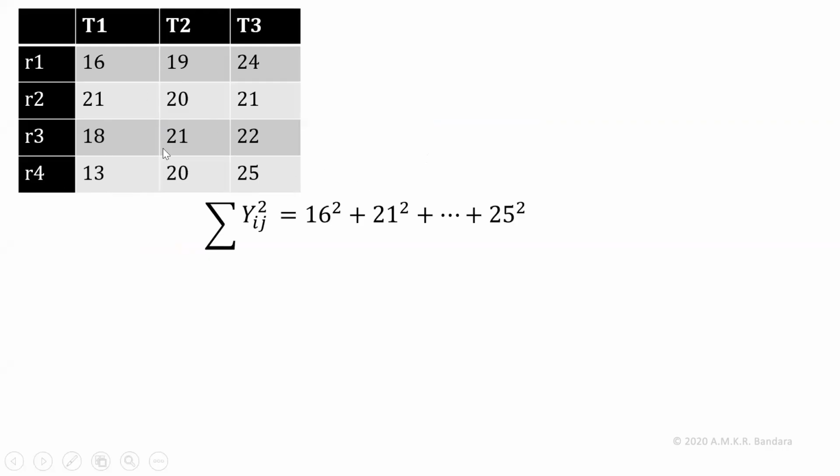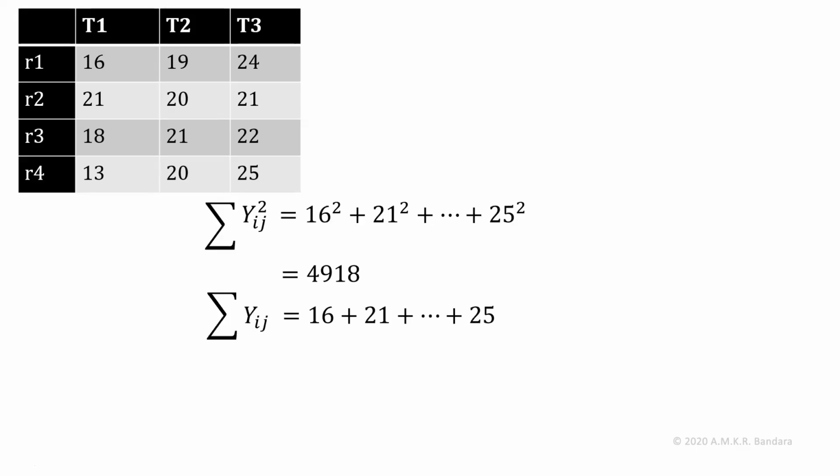Likewise, you have to square each and every observation. The last observation is y34, which belongs to the third treatment, fourth replicate. Square that. Then take the summation of those squared observations, which will be equal to 4918.